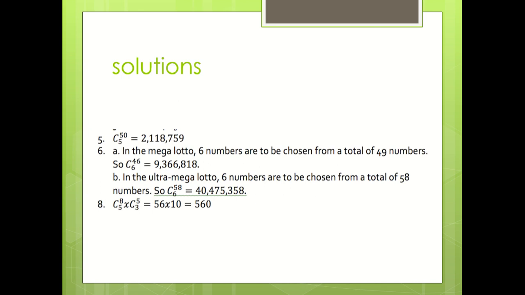So if you have to buy one ticket or choose one combination, then you have a total of 40,475,358 combinations in all.